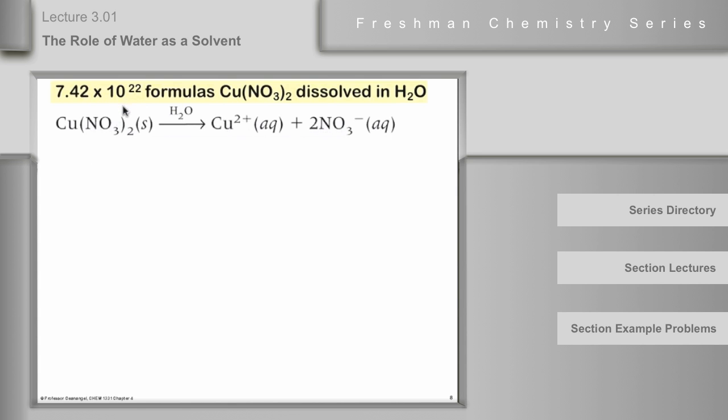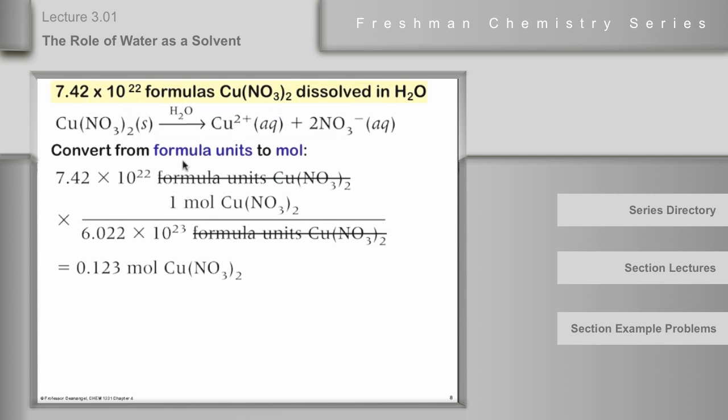Now, we're given formulas, so we're going to have to think about converting the number of formulas of copper 2 nitrate to the number of moles, and then the number of moles of copper 2 nitrate to the number of moles of ions.